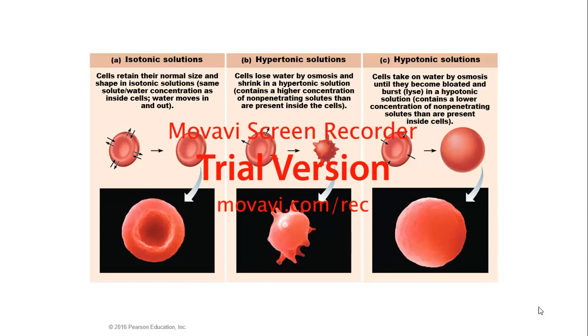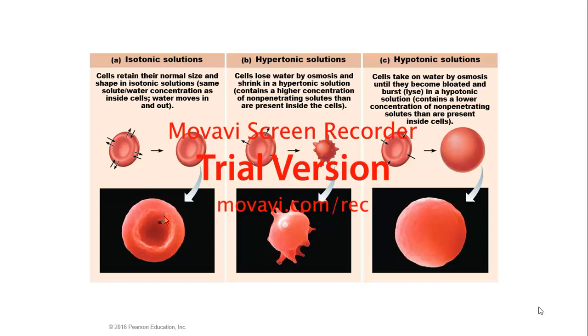You see this solution is more concentrated than this solution. This solution's concentration is less. You have less particles in the water on this side, so the concentration is less. And this has more particles, therefore the concentration is greater.